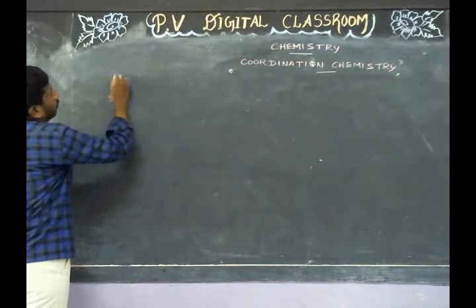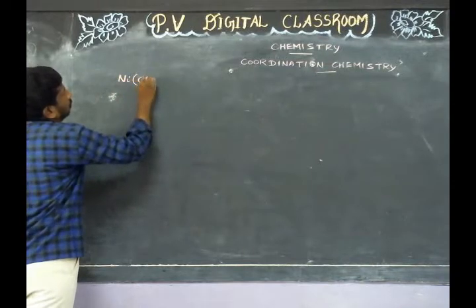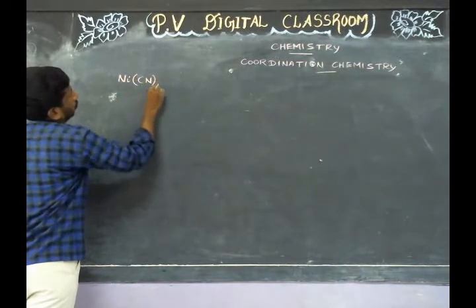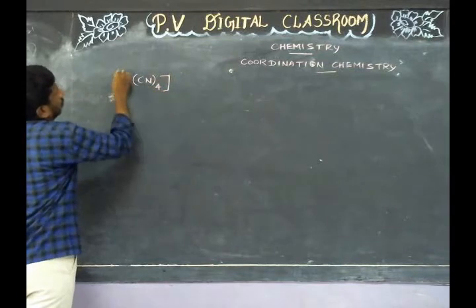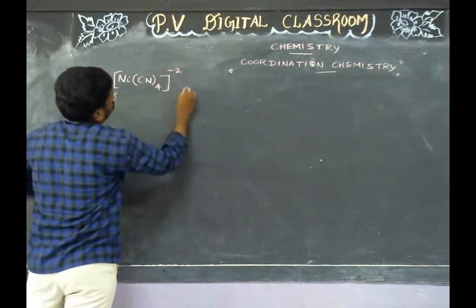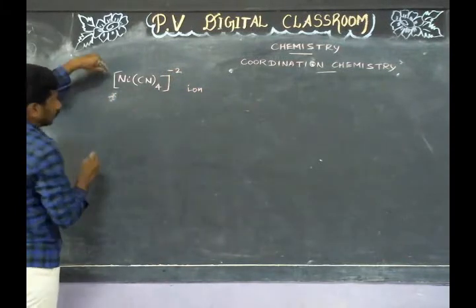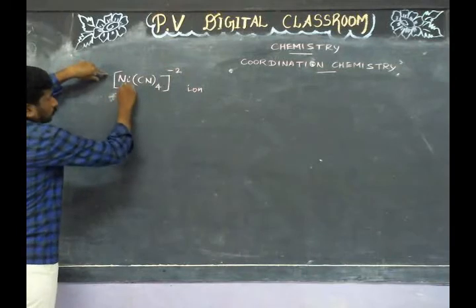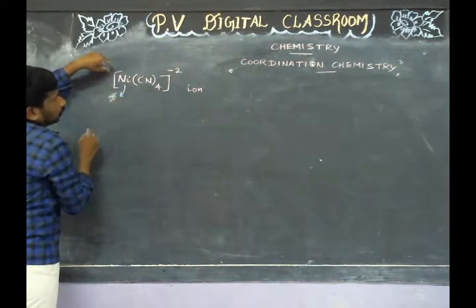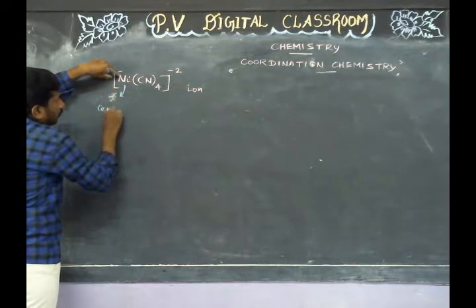Second example, [Ni(CN)4]2- ion. In this complex ion, Ni is the central metal atom.